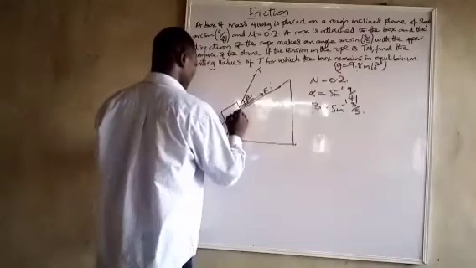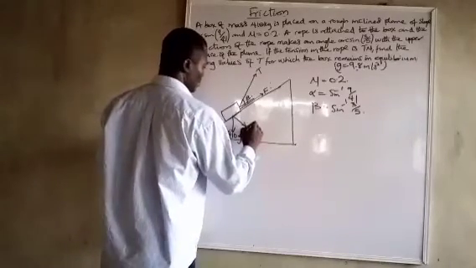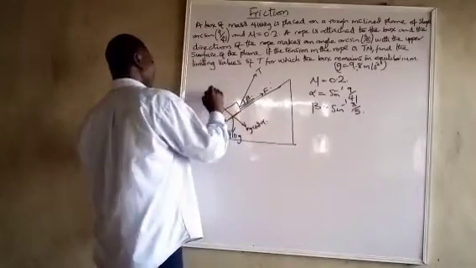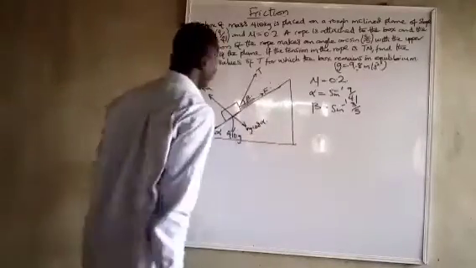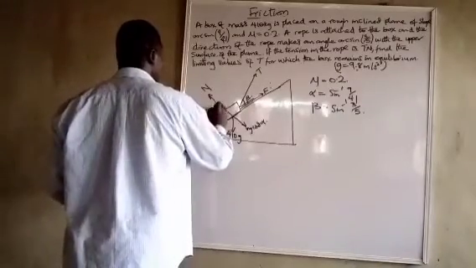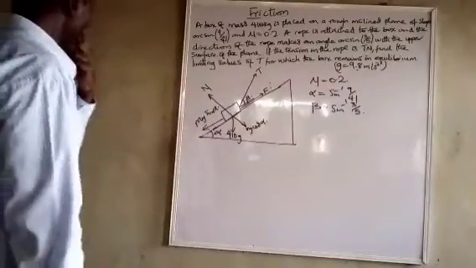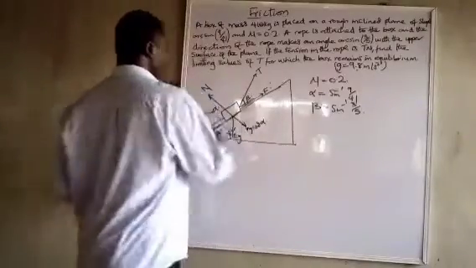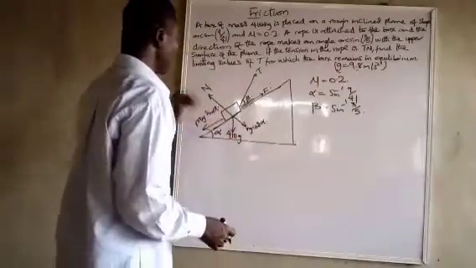Let's see. We have mg cos alpha, and we have N. At the same time, we have mg sine alpha. So for the first condition, F acts upward. Let us resolve everything along the plane.